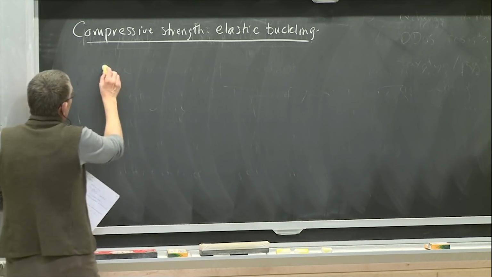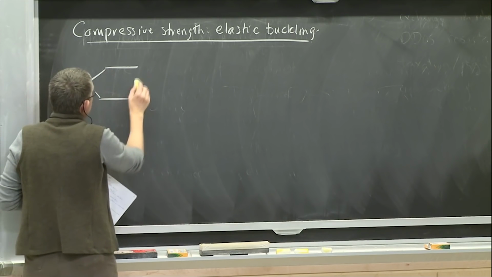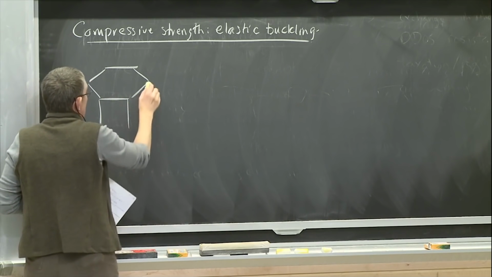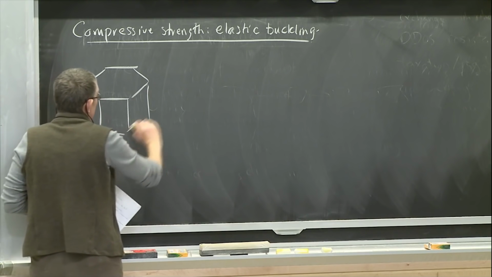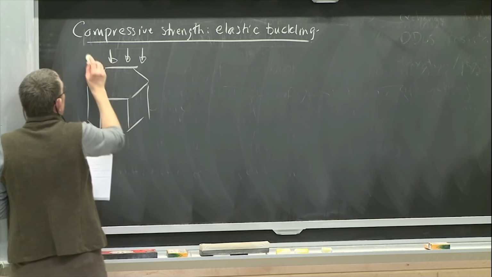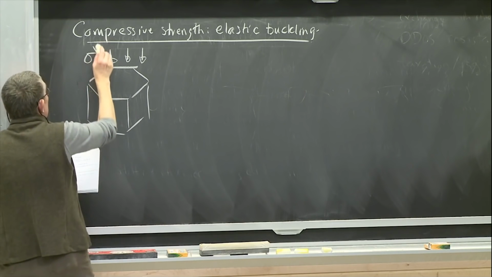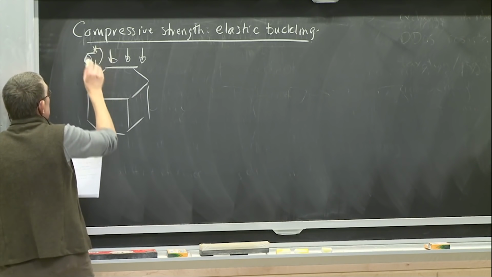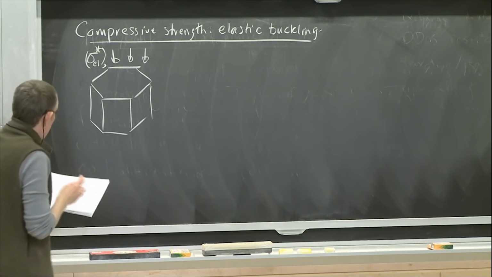Okay, so say we have our honeycomb like this. And here's the prism axis this way. And now we're going to load it with some stress in the 3 direction. So I'm going to call this sigma star elastic 3 when it buckles.